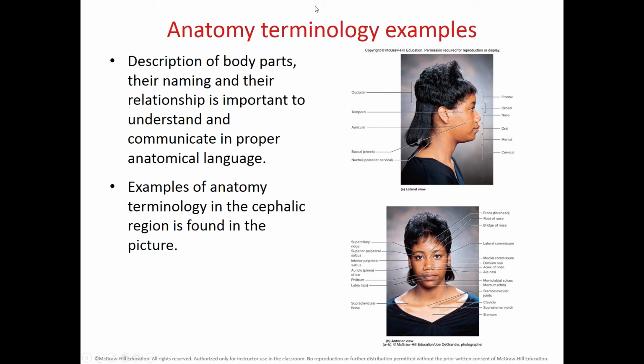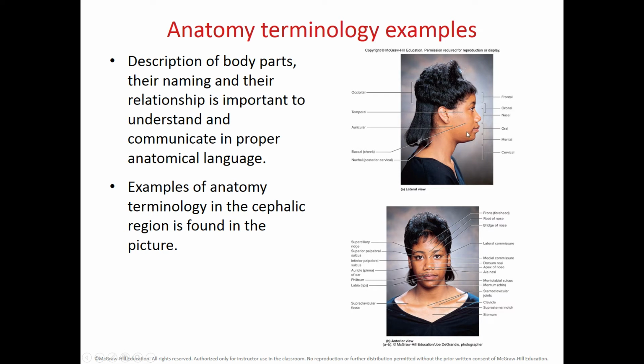So examples of anatomic terminology of the different areas of the head are found here in this picture. The forehead region, for instance, is called frontal. The region around the eyes is called orbital. The region of our nose is called nasal. The region around our mouth is called oral. The region of our chin is called mental. The region of our neck is called cervical.